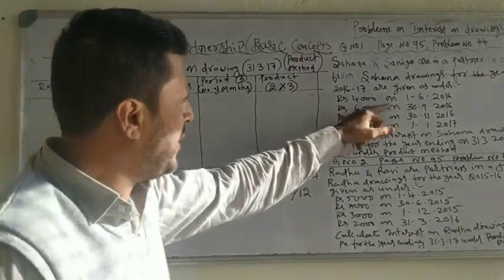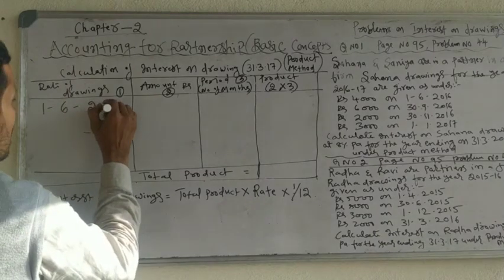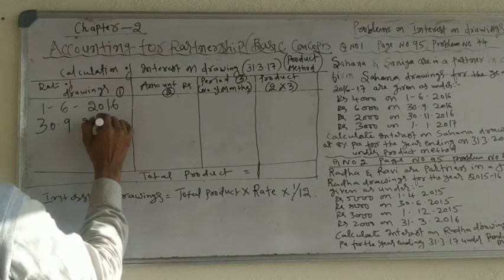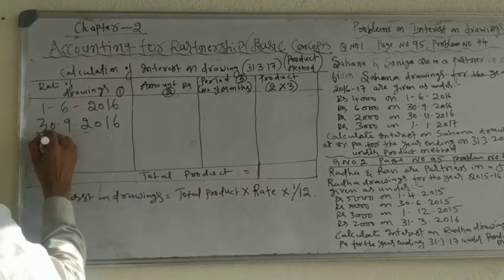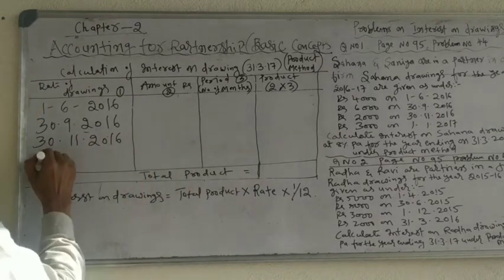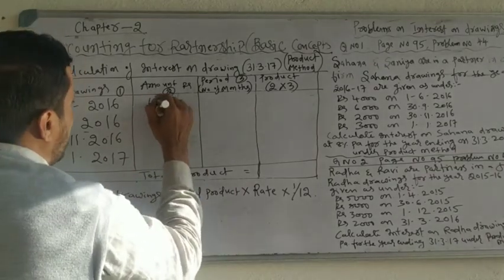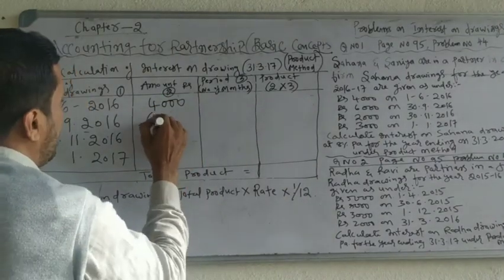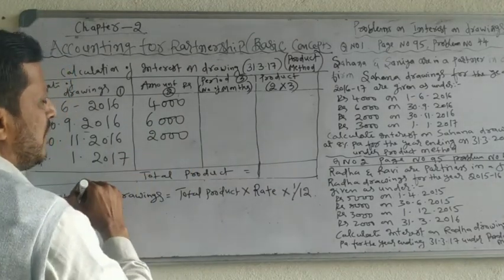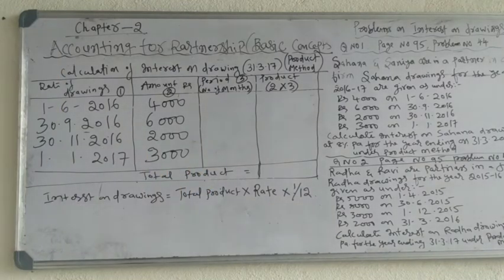First, we write the dates of drawings as given in the problem: 1/6/2016, second 30/9/2016, third 30/11/2016, fourth 1/1/2017. First drawing amount 4,000, second drawing amount 6,000, third drawing amount 2,000, fourth drawing amount 3,000.